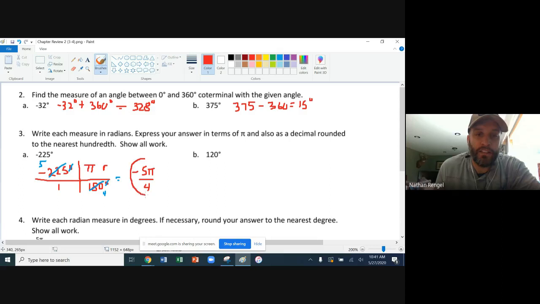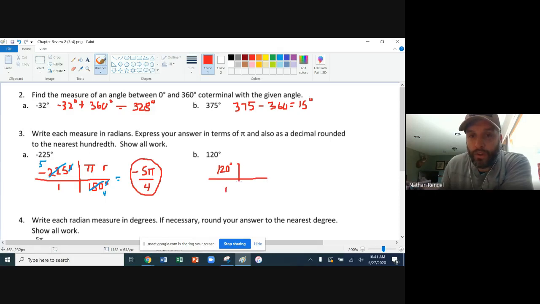And all I did at the end there is I just multiply across. Negative 5 times pi is negative 5 pi, and 1 times 4 is 4. Now you can convert that to a decimal. Just go into your calculator, take negative 5 pi, divide it by 4, and you'll get that answer as a decimal.